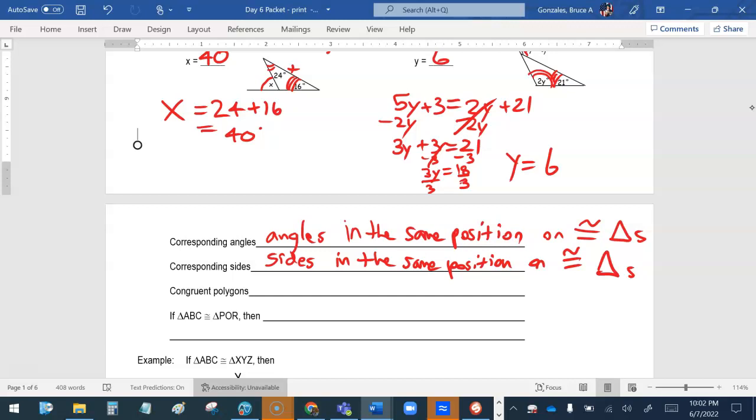By the way, maybe we haven't talked about this, but congruent is this equals sign with the squiggle on top, okay? Congruent polygons have all congruent sides and angles.